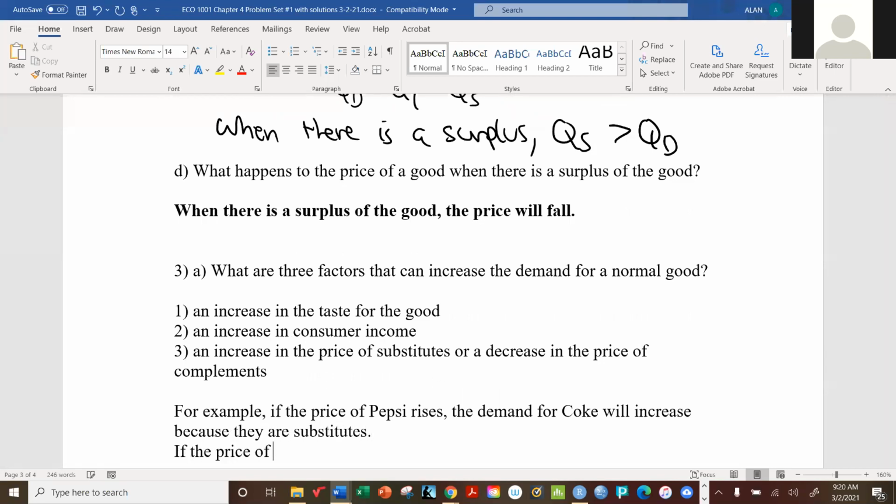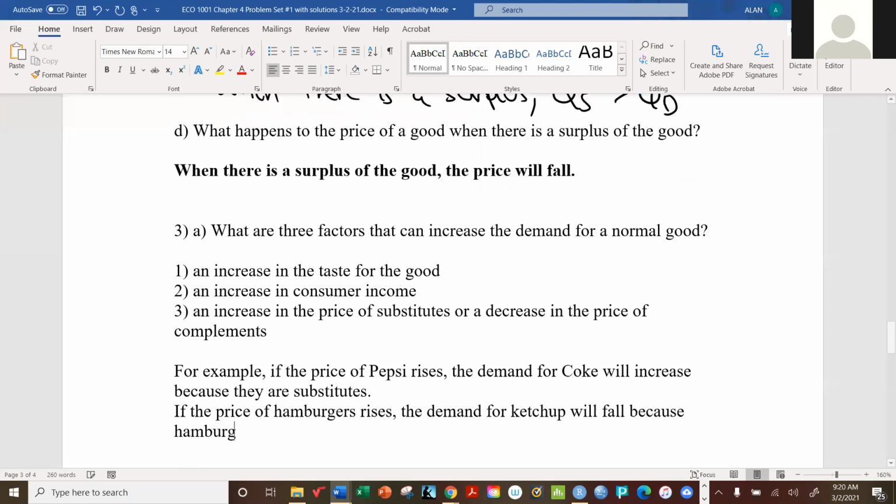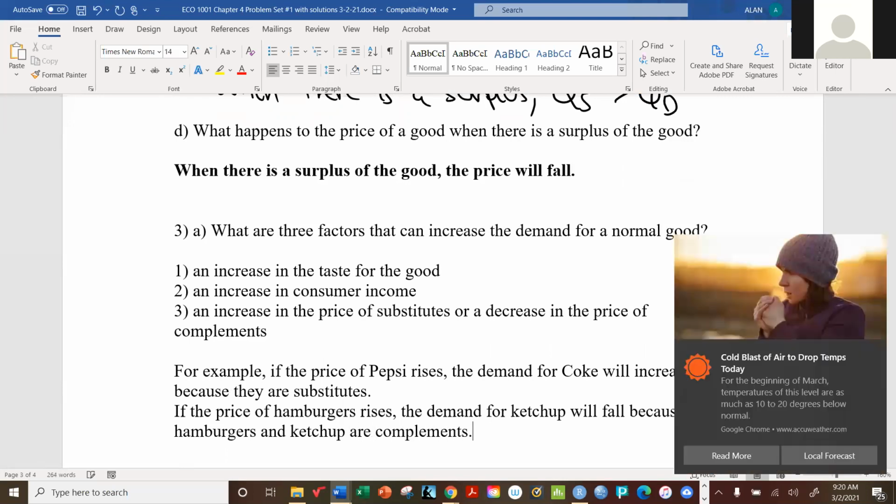If the price of hamburgers rises, the demand for ketchup will fall because hamburgers and ketchup are complements.